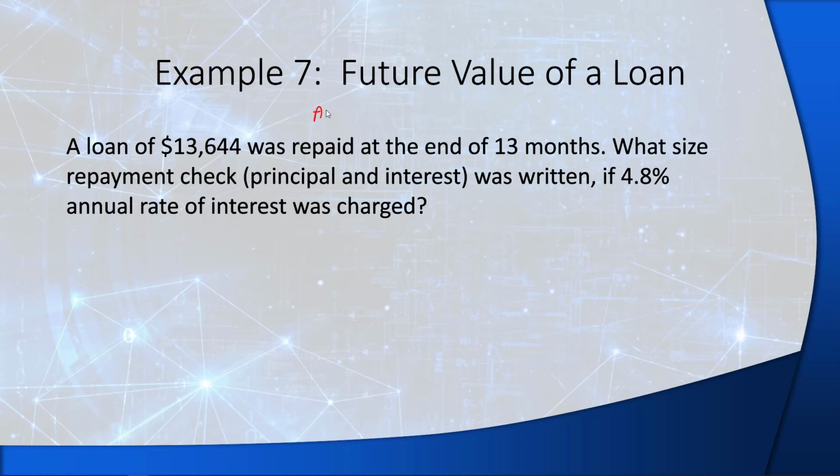So that's going to be A is equal to P times the quantity 1 plus RT. All right, well, P is $13,644.